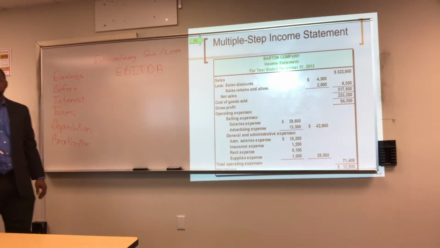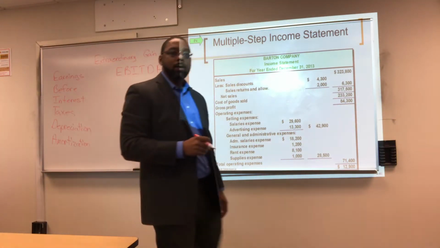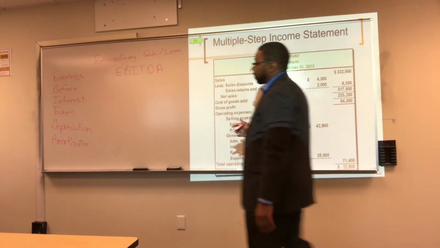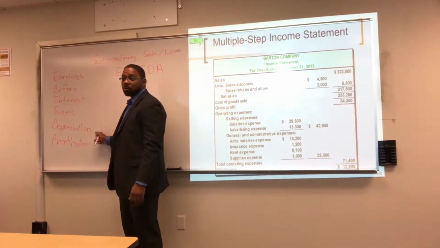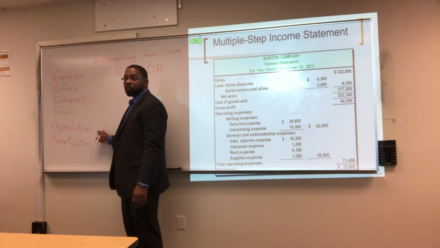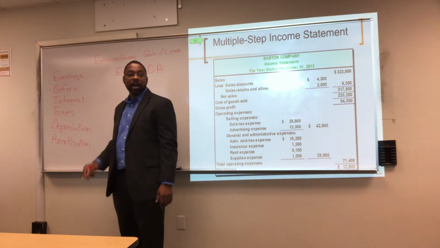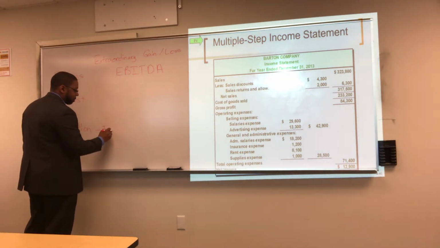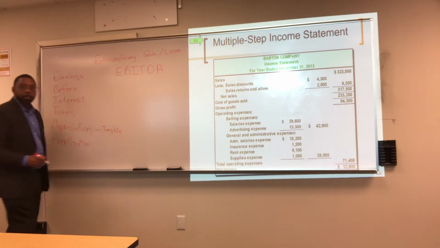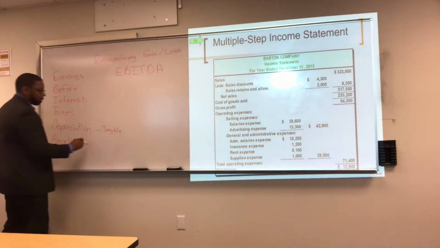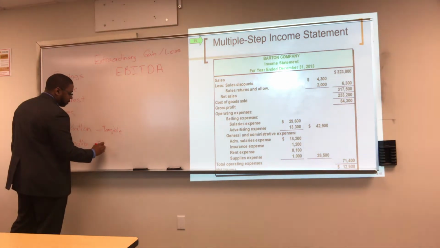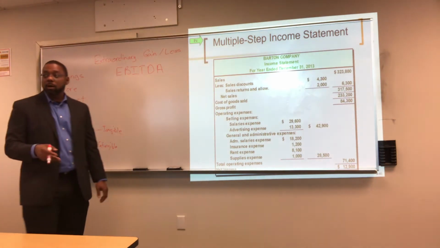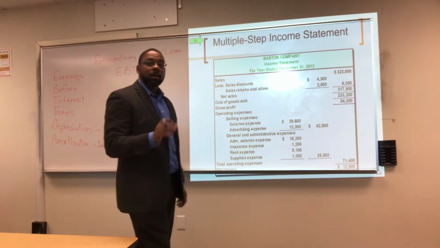A scholar in another class asked me what amortization is, so I'm going to make sure to tell you what it is. We talked about depreciation in chapter 3. I said that was an estimation of the use of long-term assets. When you're talking about depreciation, that asset is tangible. When you're talking about amortization, that asset is intangible. So we depreciate things such as cars, buildings, equipment, things that are tangible.